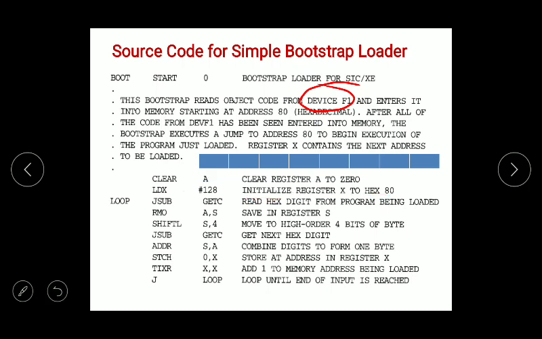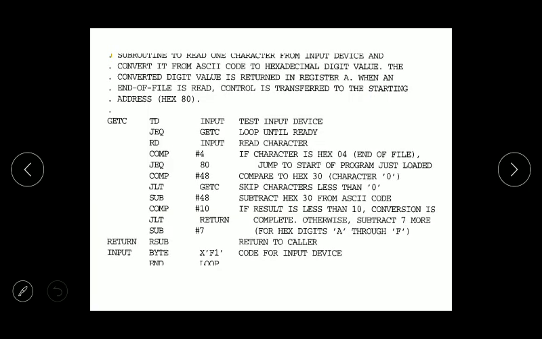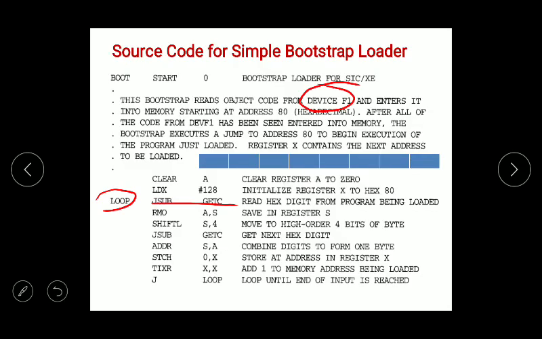Then LOOP: JSUB GETC. GETC is a subroutine which is there in the next slide, which is used to read a character and convert it into hexadecimal, that is 0 to 15 or F. How to read and how to convert it into hexadecimal is there in the subroutine GETC.